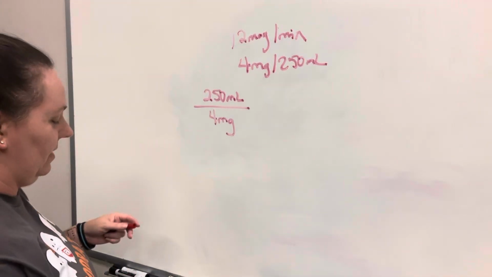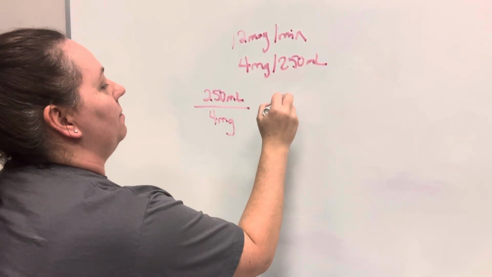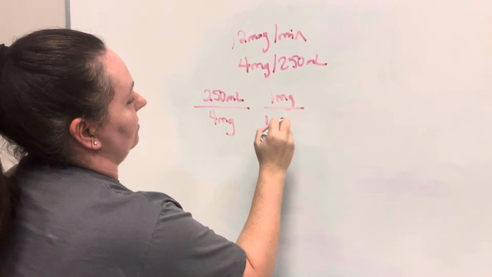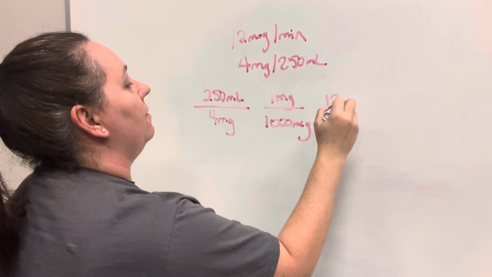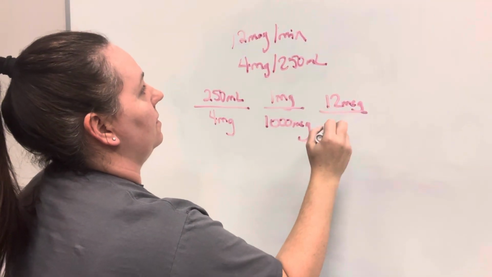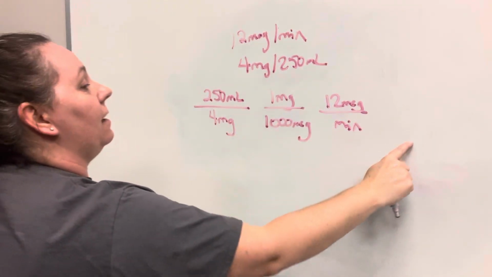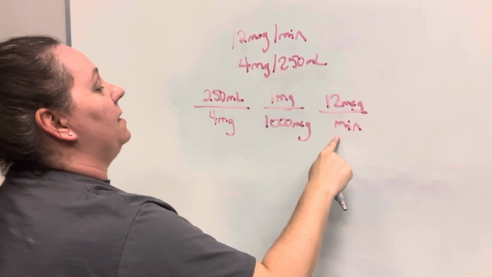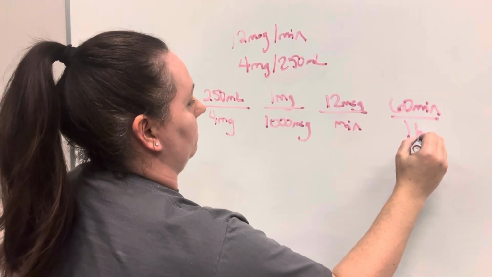Because we're nursing students or nurses, and we've got this. So 1 milligram equals 1,000 micrograms, and our dose is for 12 micrograms per minute. And we know we've got to get hour over here. So how many minutes are in an hour? 60 minutes per 1 hour.